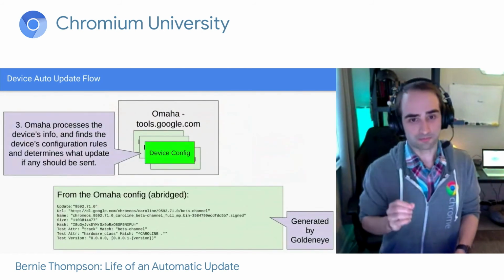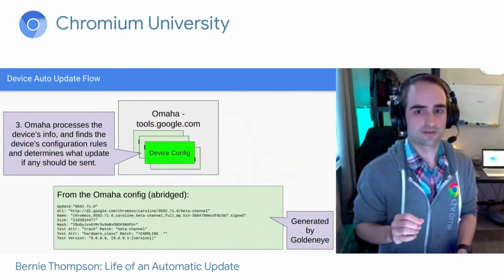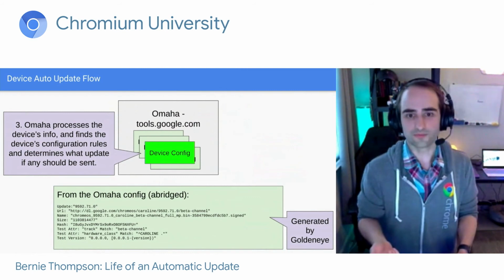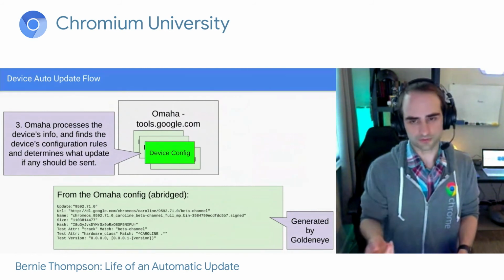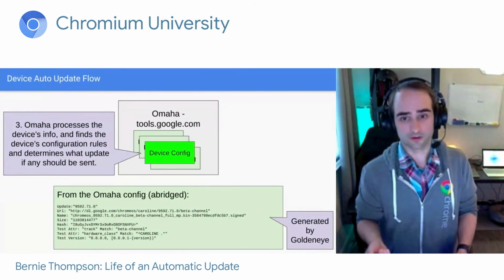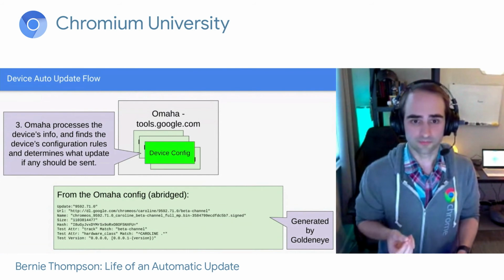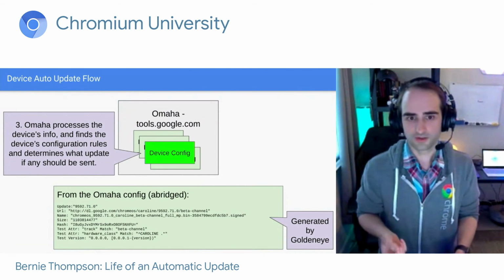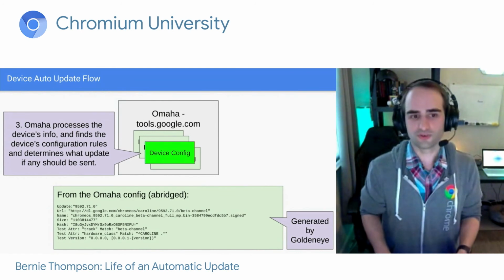So what happens next is the Omaha service processes that metadata sent by Update Engine and runs it against a set of rules which are generated by the GoldenEye tool. These rules define what payload should be served where and in what conditions. For example, it will have rules for dev, beta, and stable channels for each device that specify what versions they should receive.